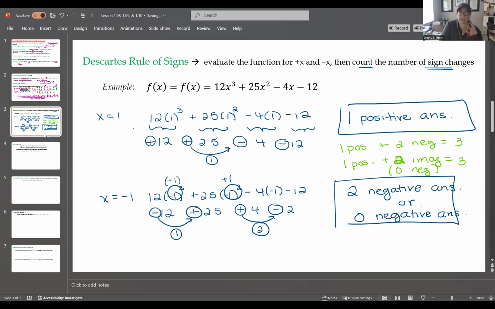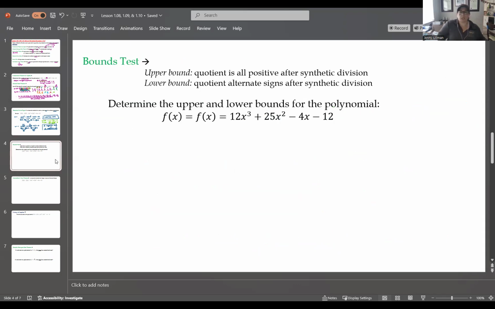Then we said, let's give ourselves a little bit more information. We now know for our 3, one of them will be positive, and the other 2 are either negative numbers or imaginary numbers. So our next little narrowing down test is the bounds test.